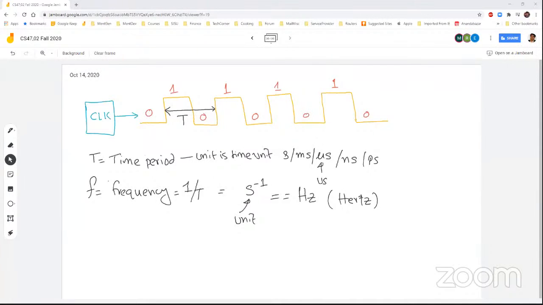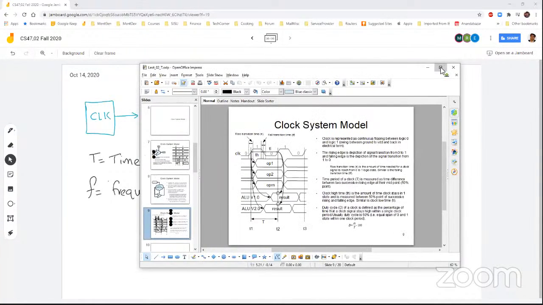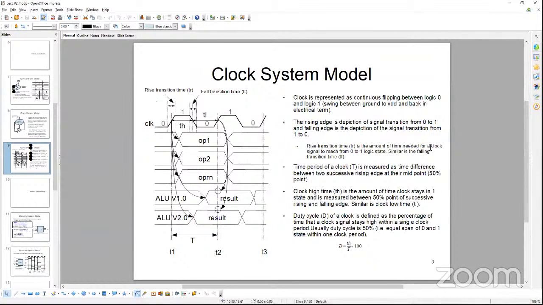Okay. So then there is this concept of duty cycle coming into the picture, which deals with this width versus this width: within a time period, how long your signal is staying at logic high and how long the clock signal is staying at logic low.